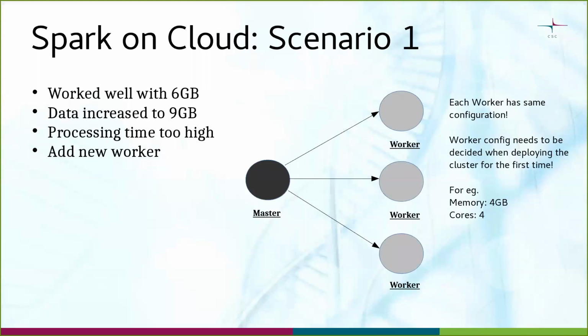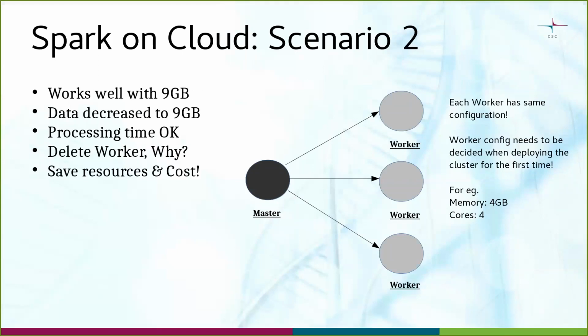If your data keeps on increasing, just keep on adding more workers and you should be good to go. So I had 2 workers with 6 GB of data, and now I have 3 workers which can process 9 GB of data.